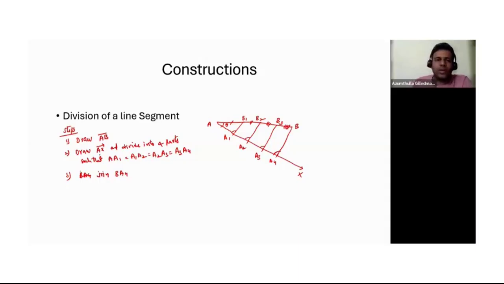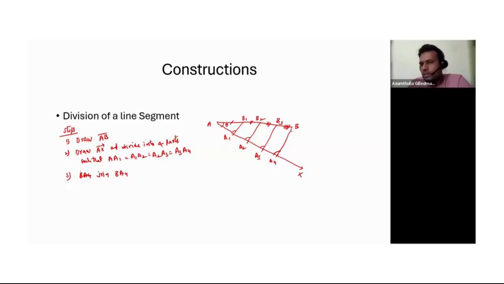So what we need to do is, first we need to draw the line segment AB and then draw the line AX and divide that into 4 parts such that AA1 equal to A1A2 equal to A2A3 equal to A3A4. I took just 2 centimeters. Now I joined point B with A4. I need 4 divisions, right? So I joined with A4.